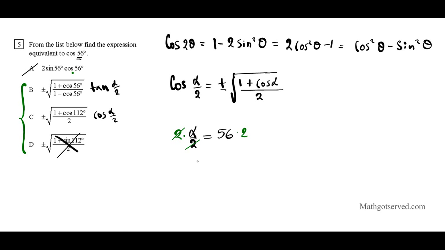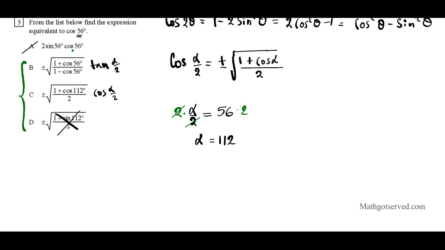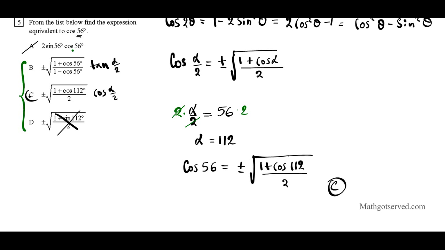So we have alpha equals 112. All right, so let's plug that into our equation. That tells me that cosine 56 using the half-angle identity equals plus or minus the square root of 1 plus cosine alpha. Alpha has been determined to be 112. We'll put that in there, divided by 2. And there goes your answer, and we can see that the answer is in fact option C.